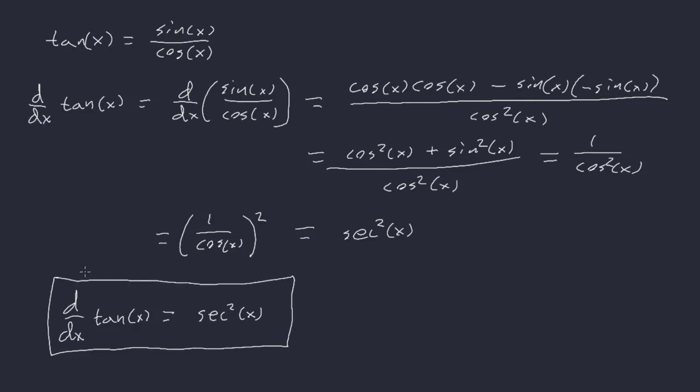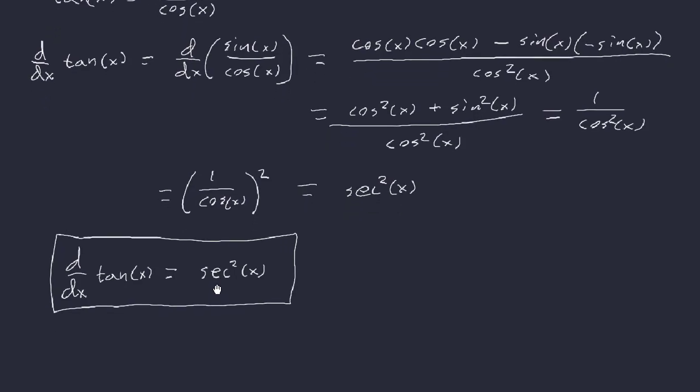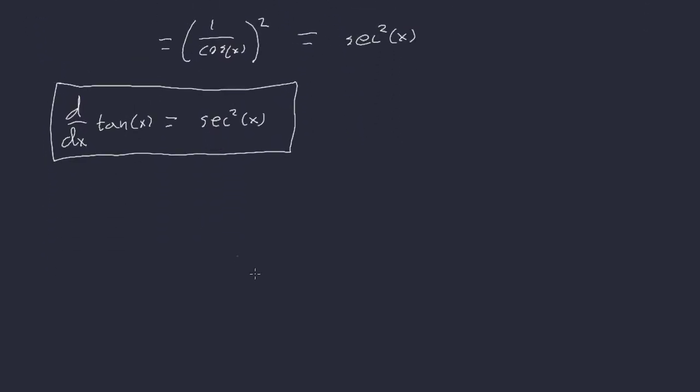Okay, now that we have this, we can easily find, maybe I should be careful with that word easy, but we can find the derivative with respect to x of cotangent x. Because cotangent x, well, we could either say it's cosine over sine, or it's also known as 1 over tangent. And so we can use the quotient rule again. Be the derivative of the top, which will be 0, times the bottom.